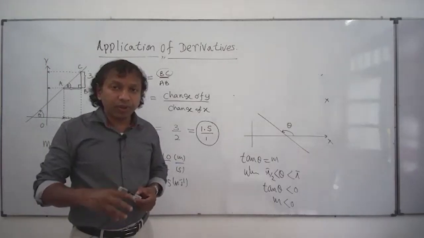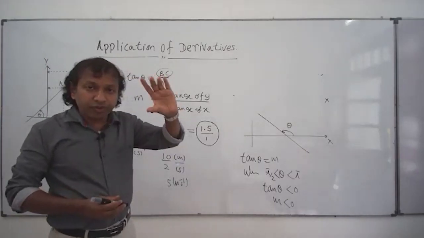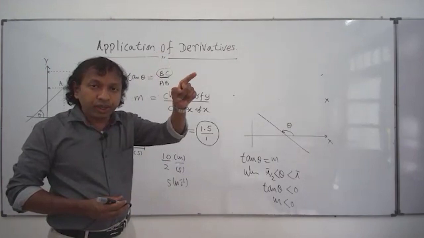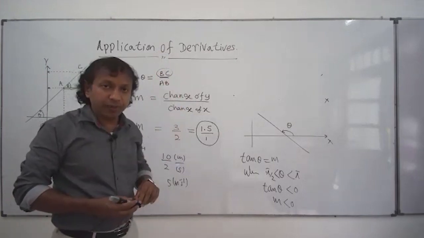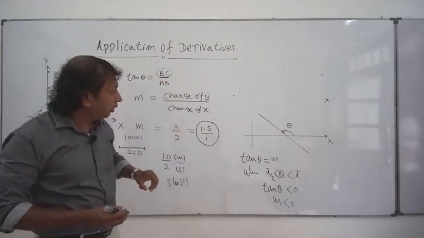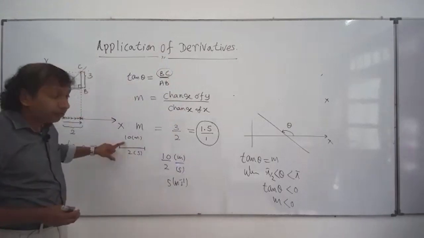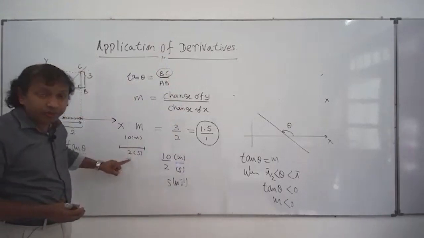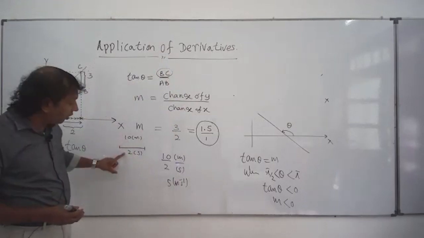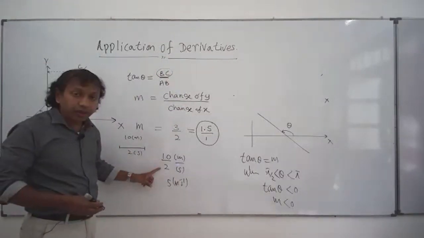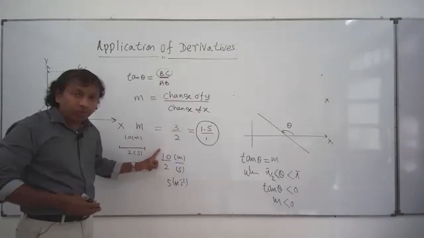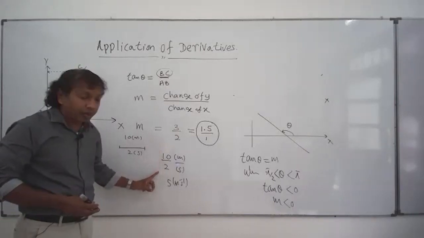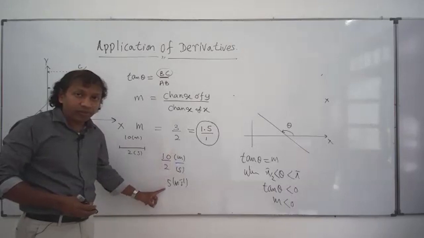So therefore, people, when we have a fraction, the numerator and denominator both vary. Suppose here also displacement, time, right? This fraction, when we consider, we get 10 by 2. Numerator displacement, denominator time. When you simplify this, we get 5.